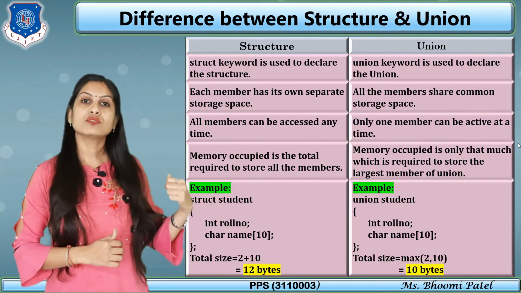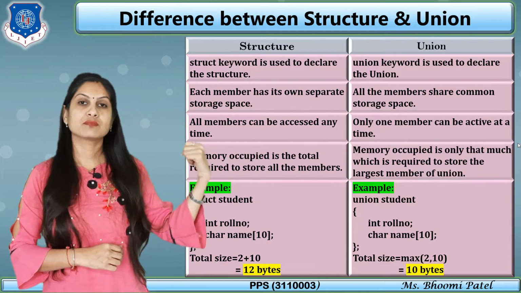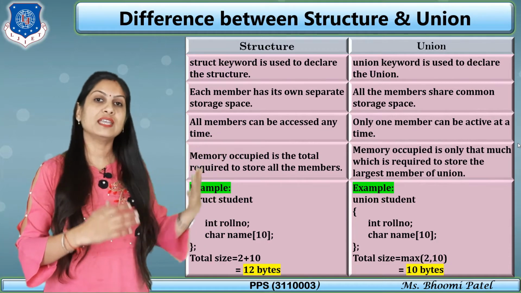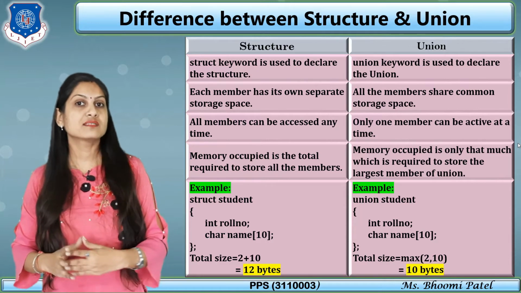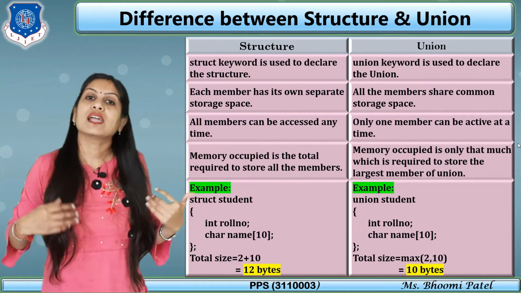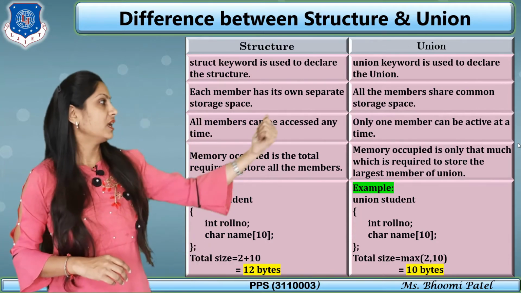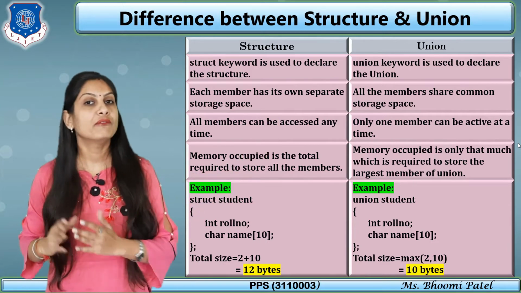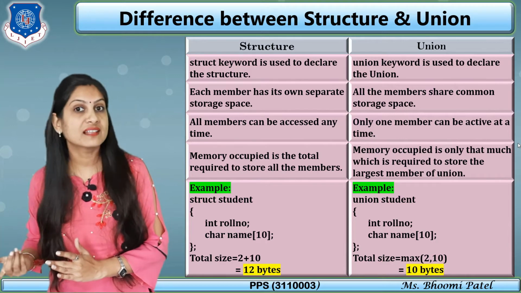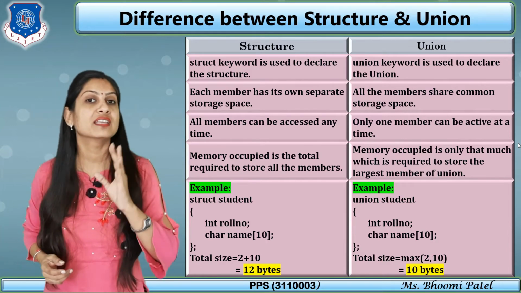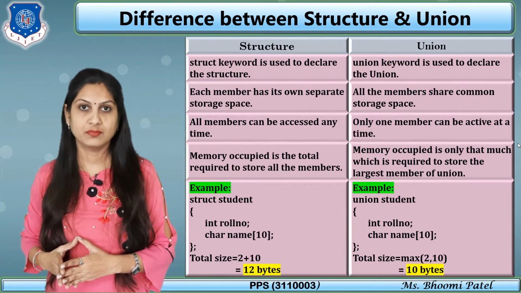You have to apply that concept for the third difference. In a structure each and every member has a separate storage space, so each and every member can be accessed anytime. But in a union only one storage space is there, so all the members cannot be accessed at any time, only one can be accessed at a time. Clear?